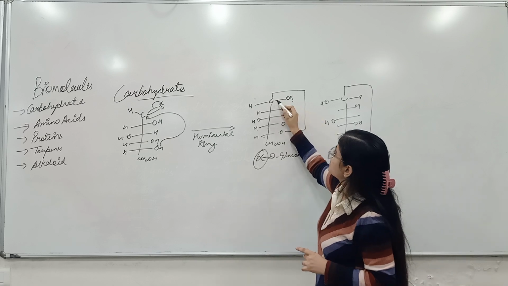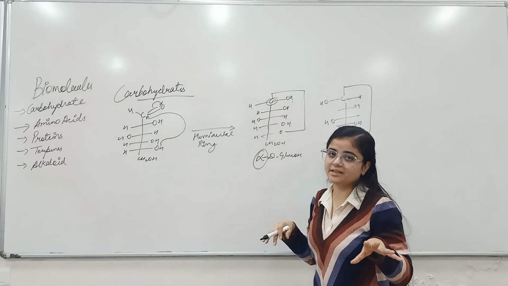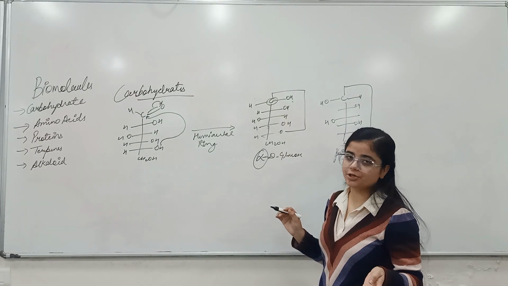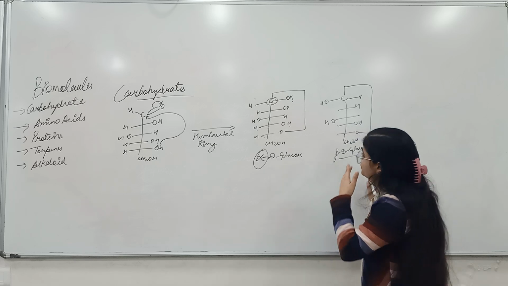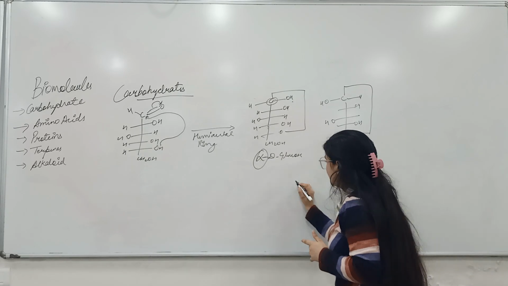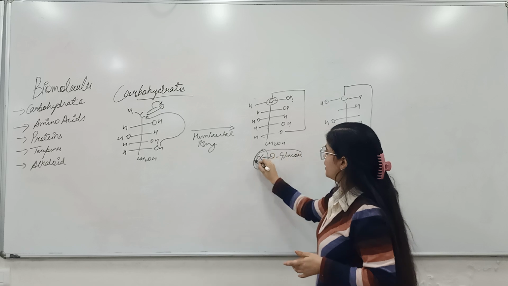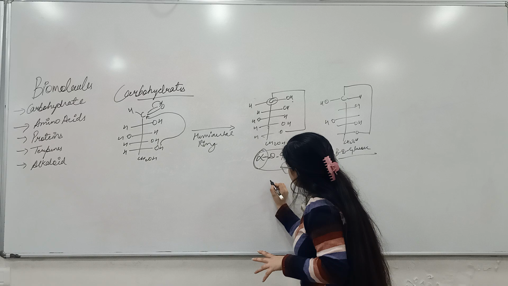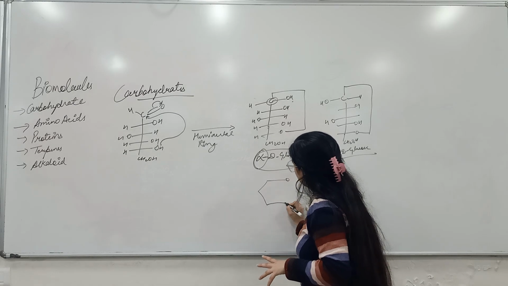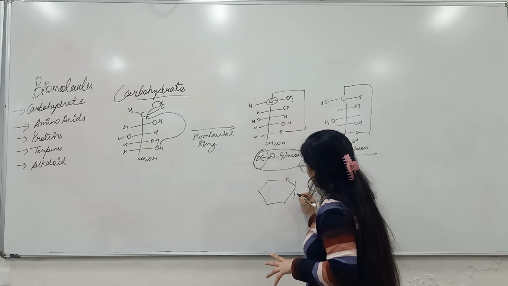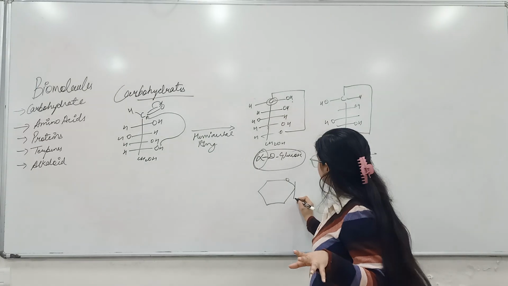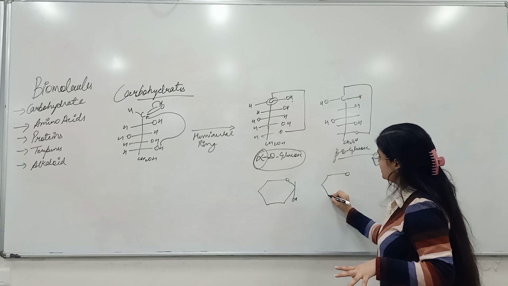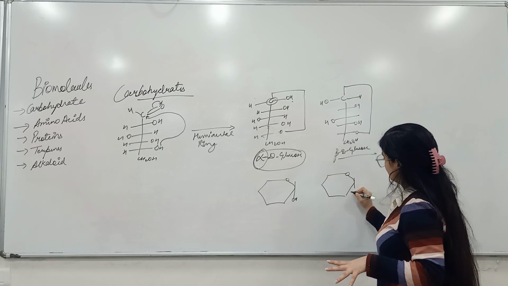And this carbon, where the alpha and beta notation is getting changed in two forms, is known as the anomeric carbon, that plays a very important role in chemical activities. So this makes a pyranose ring. So we will be showing a pyranose ring for alpha D glucose. For alpha, OH will be downside, and for beta, OH will be upside at this anomeric carbon.